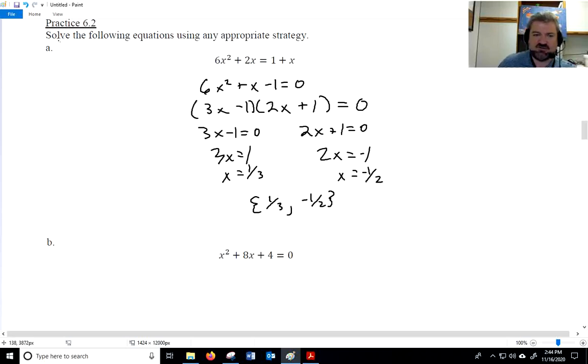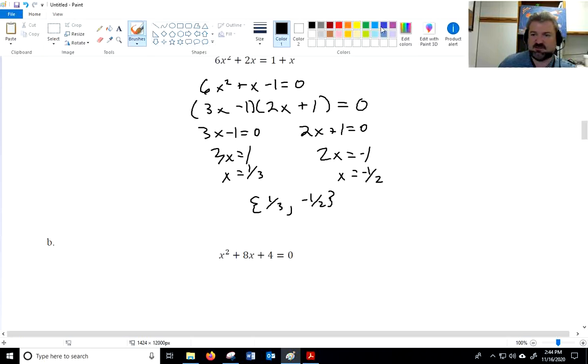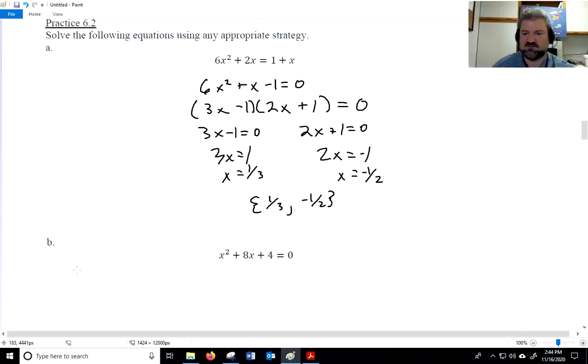I could certainly test that with the quadratic formula, and I think I'll do that right quick for those of you that chose to do that. So that would be x equals opposite b plus or minus the square root of b squared minus 4 times a times c all over 2 times 6 as well. Well, that's going to be 1 plus 24.